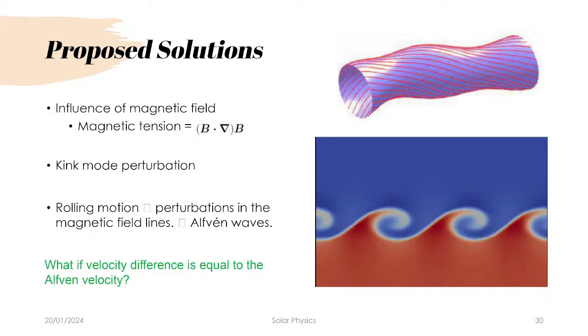This is just a quick point: when the velocity difference between the two layers is equal to the Alfvén wave velocity, there is some kind of resonance that happens, and hence the turbulence is achieved much faster.